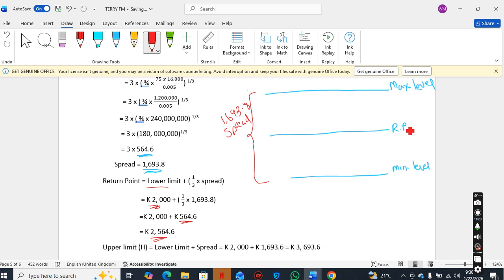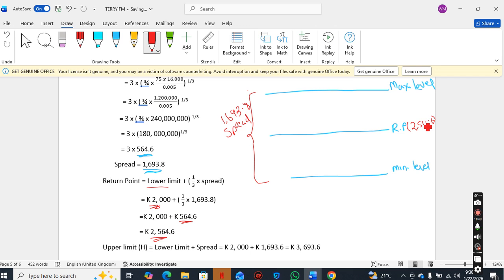So this is the balance basically we want to maintain. 2000, 564.6. If the money that we have is above this amount, that extra money needs to be invested.